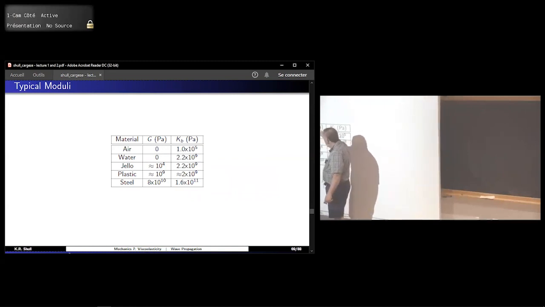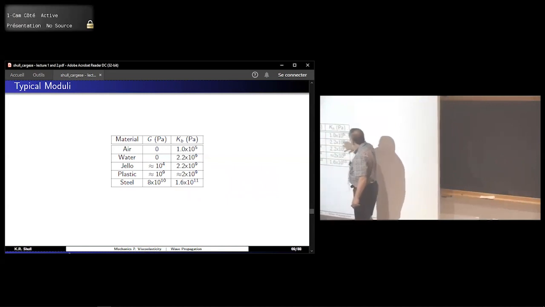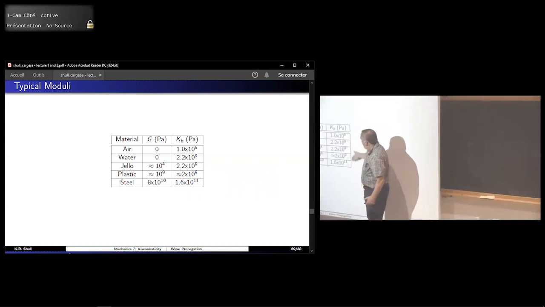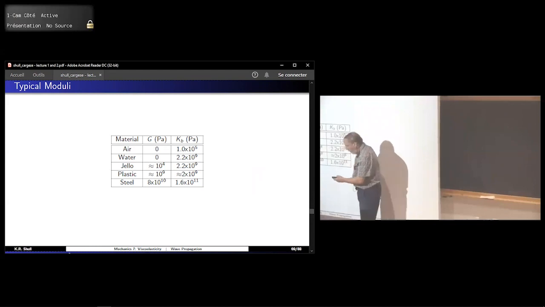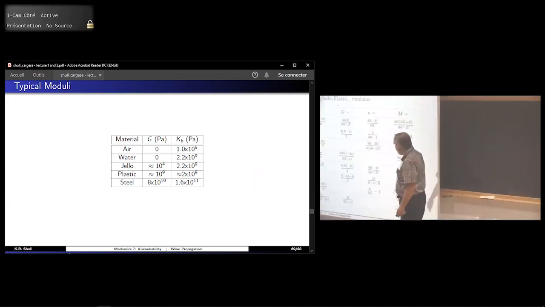But in any solid, jello, a soft gel, is typically 10 to the 4, a rigid plastic polymer about 10 to the 9, steel getting close to 10 to the 11. We have these sorts of moduli. But a longitudinal wave basically goes in air, because there's a bulk modulus for these other things too. So these are just representative values.